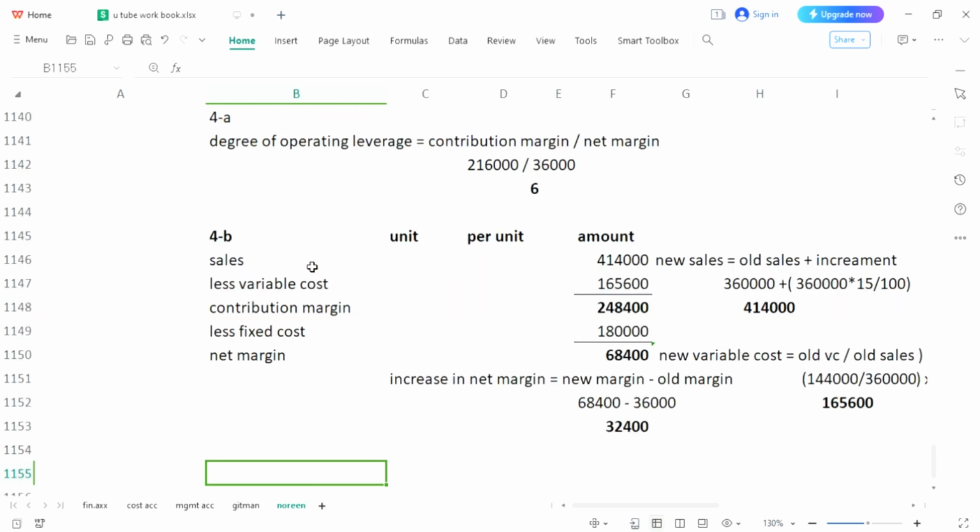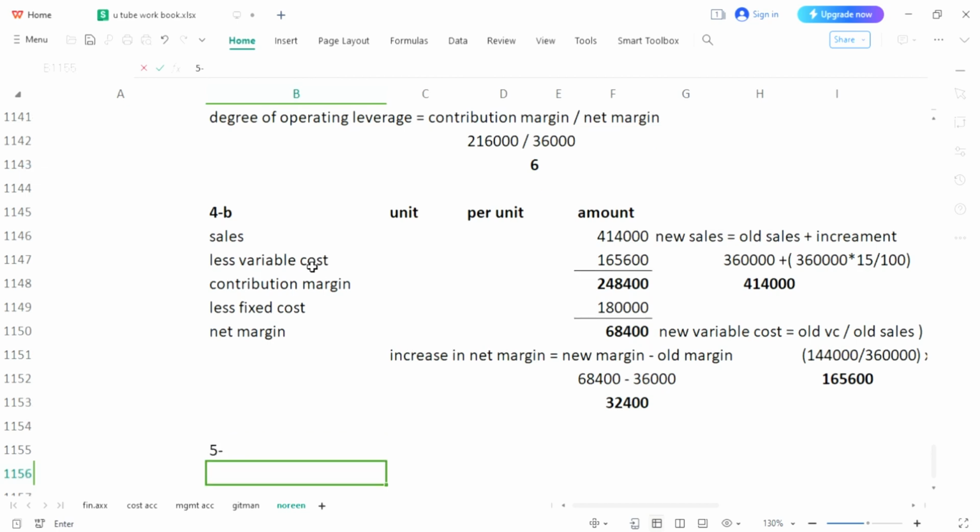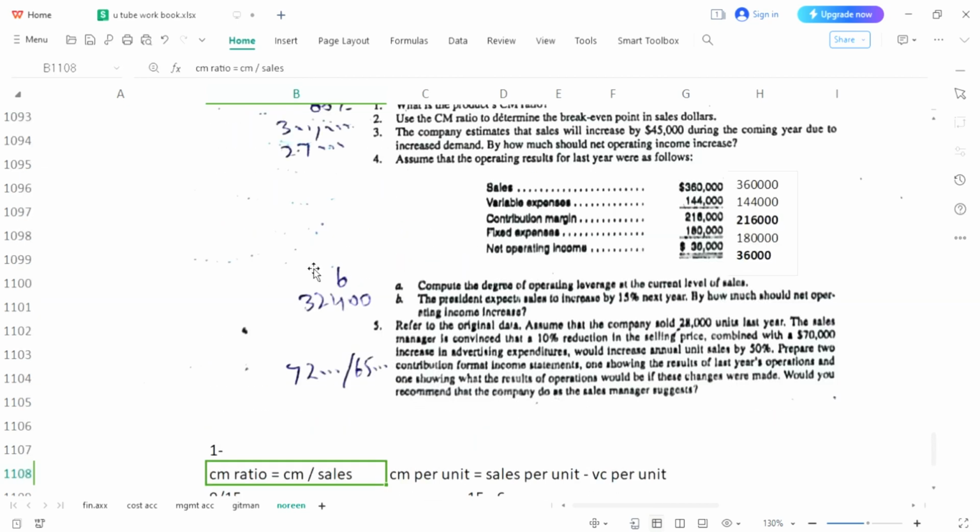For the fifth point, we will see what its requirement is. Read out: refer to the original data. It means whatever happened in 1, 2, 3, 4, we are not concerned with that. Assume that the company sold 28,000 units last year.